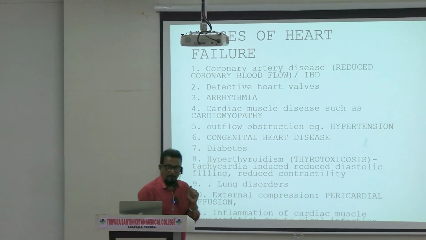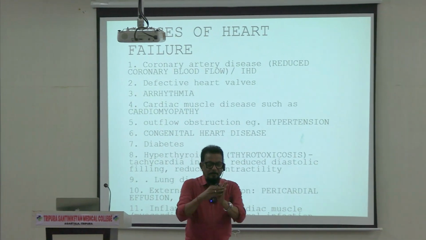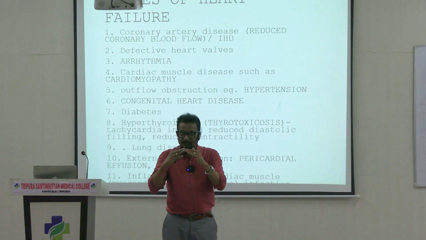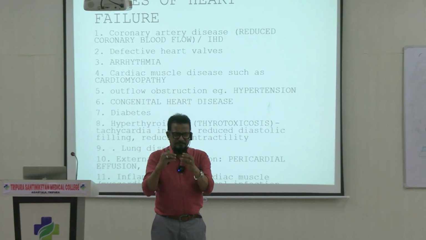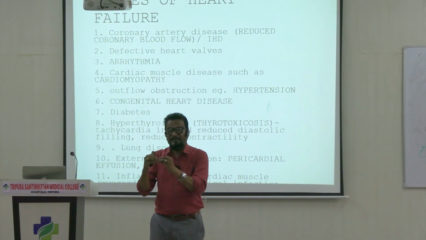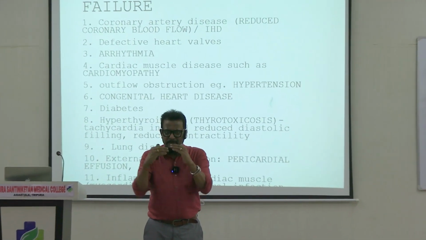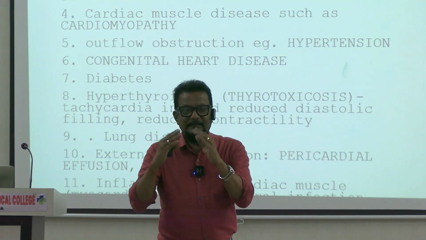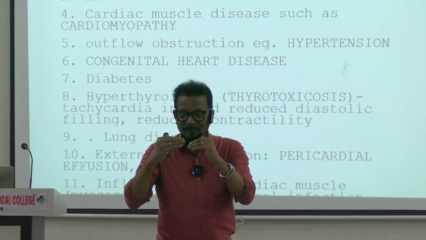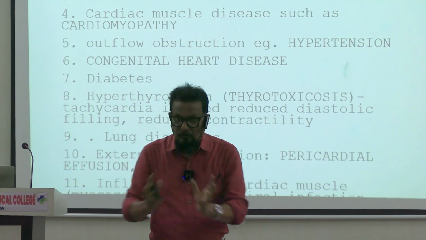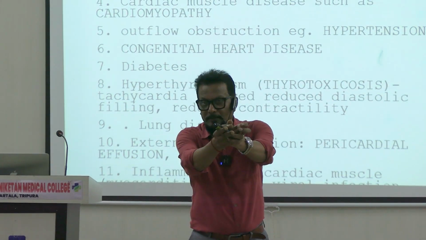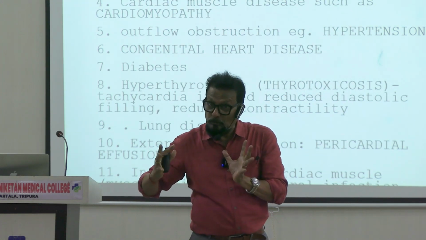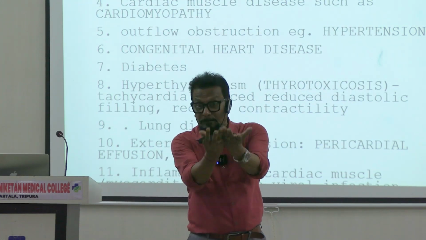Defective heart valves. See, aortic valve: if there is a defect, it means there is sclerosis, the valves are heavier, and when they close and open, a gap remains. When the ventricle contracts, some blood goes out, but the narrow space means the heart has to create more pressure to send this blood.